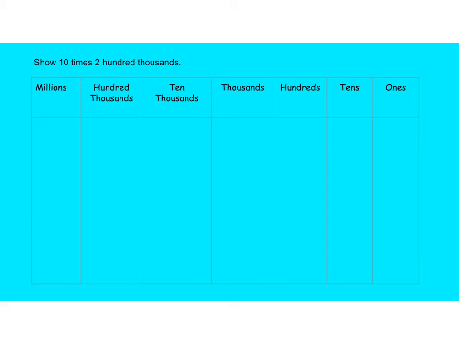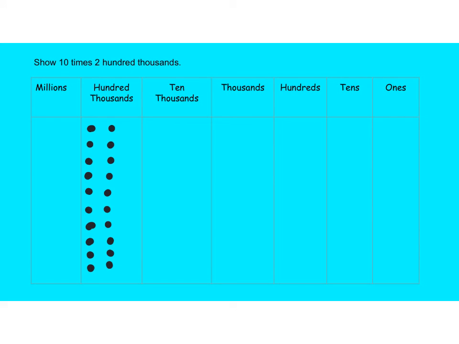Now in your math book, you can just use the bottom half of that place value chart that you just drew, or you can draw a new one. On this place value chart, I want you to show 10 times 200,000. We would start out by drawing 200,000, so 2 in the 100,000s column. Then we're going to multiply that by 10 and show regrouping.